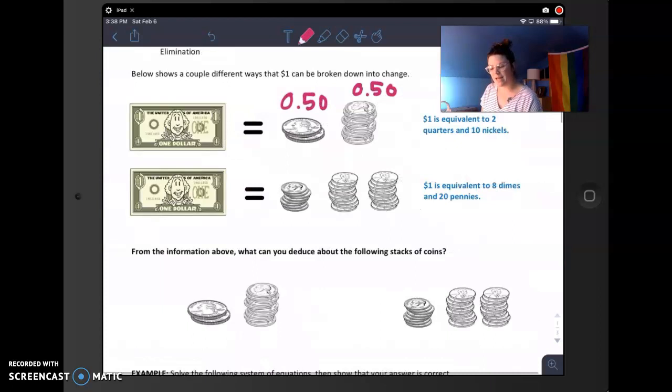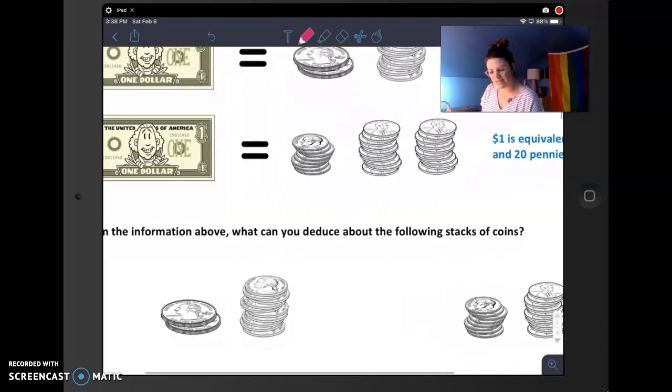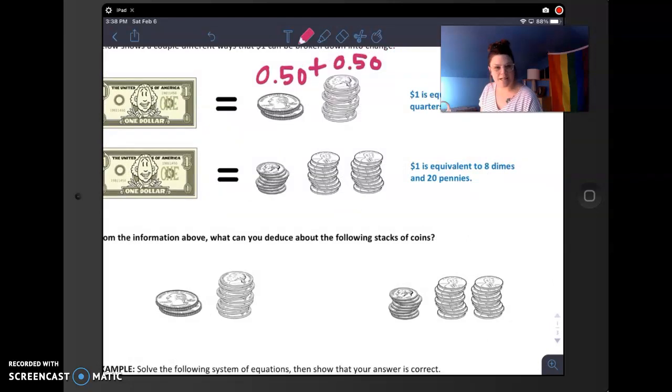When you add those 2 stacks of coins together, you get $1, or 100 cents. Same for the next picture. $1 is equal to 8 dimes, which is 80 cents, and 20 pennies. 20 pennies is 20 cents, and 80 cents and 20 cents add up to 100 cents, which is $1.